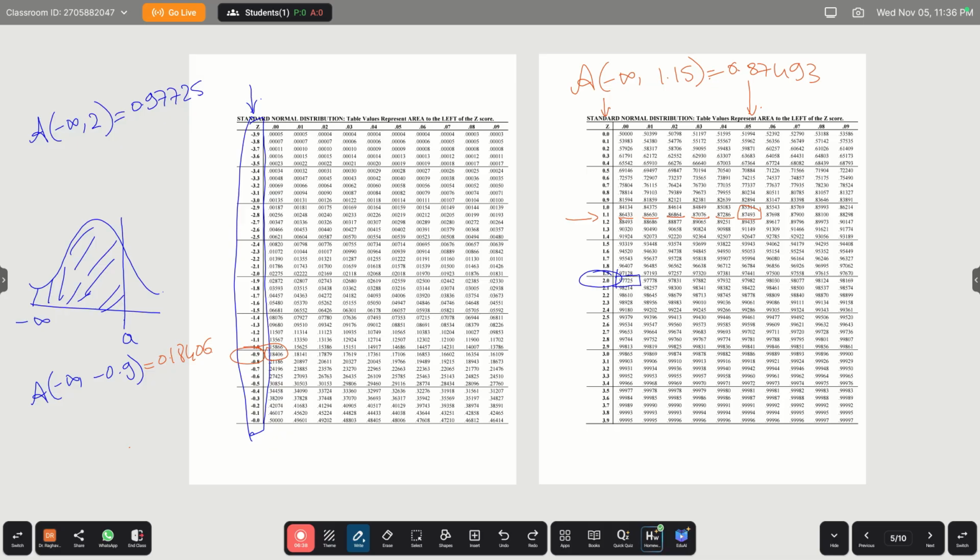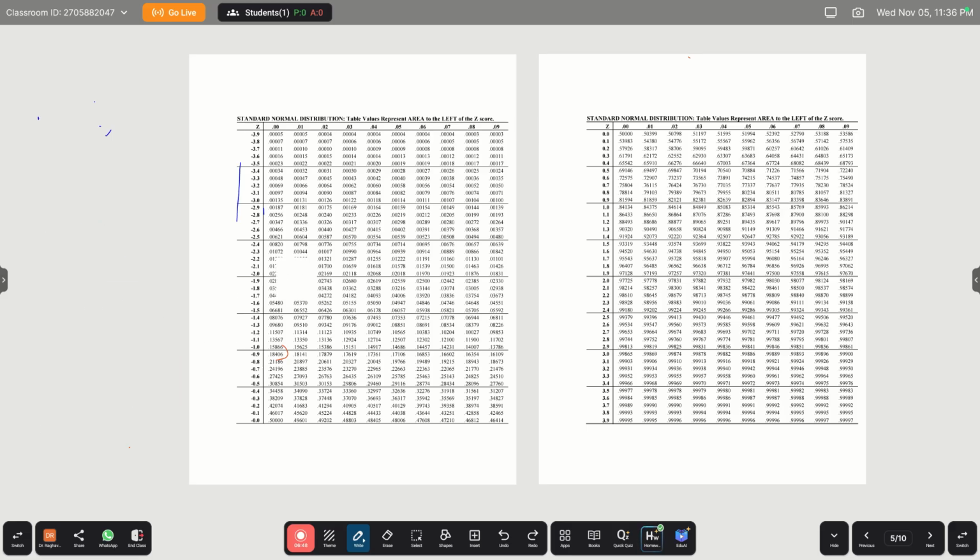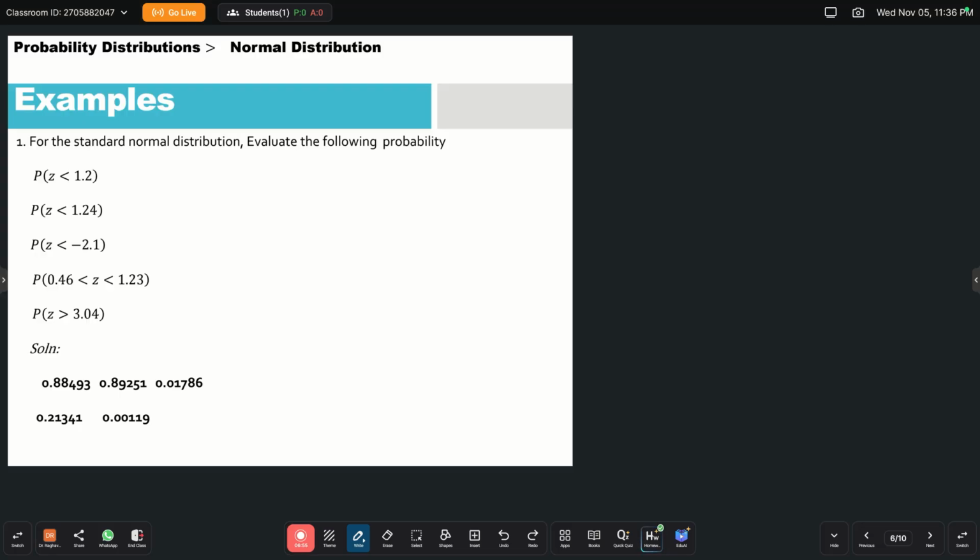I hope you have understood how to find the areas from minus infinity to any particular point. Now let us take a few more examples for better understanding. I want to evaluate these probabilities for the standard normal distribution.